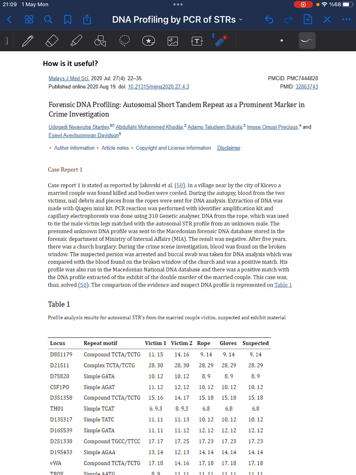And after a few years, 5 years to be exact, there was a burglary, and then during crime scene investigation, a suspected person's blood was found on the window. And this person was arrested, and then there was the buccal swab, like they took a toothpick in his mouth. And then the DNA of that suspect was recorded in the database.